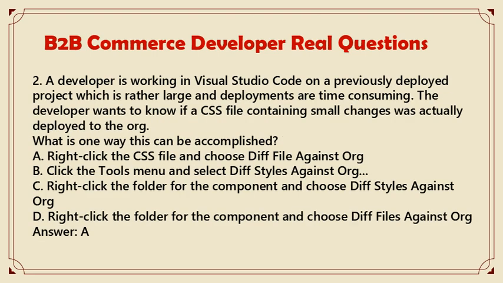2. A developer is working in Visual Studio Code on a previously deployed project which is rather large and deployments are time-consuming. The developer wants to know if a CSS file containing small changes was actually deployed to the org. What is one way this can be accomplished?